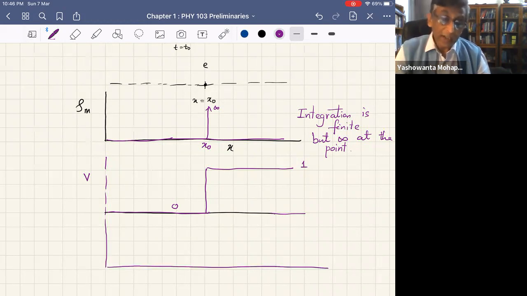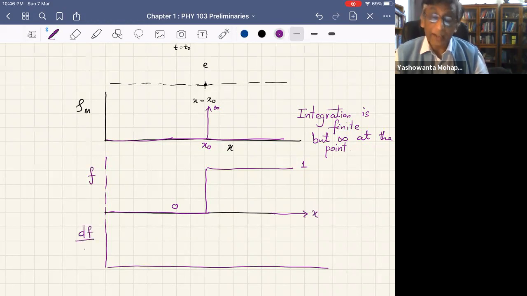Let's say this is time, this is f, and this is x. Now, what is df by dx? So this is 0 and then is 0 here. The slope is 0 everywhere else, except at this point, what is the slope? With a minuscule epsilon, it goes to infinity.